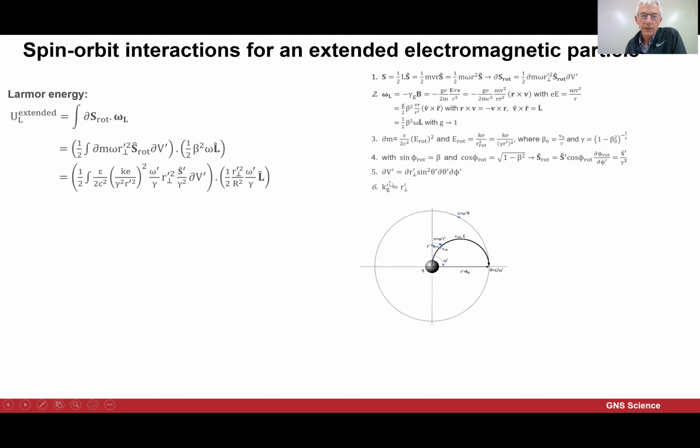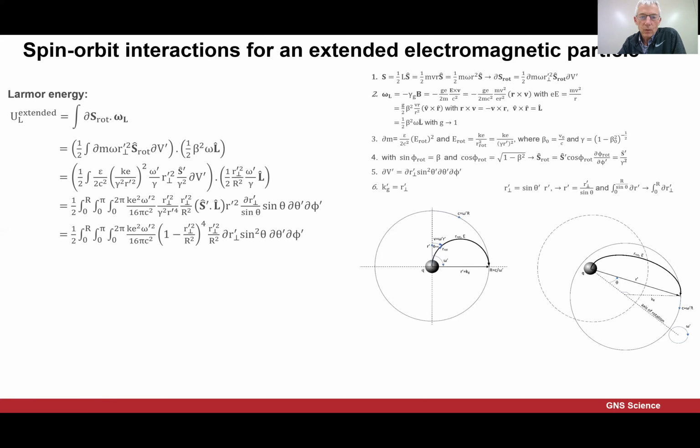And so in our expression, we need to integrate over the different variables, i.e. the radius, phi, which is in the rotational frame and in the plane of rotation, and also theta, which is in the directions away from the rotational plane.